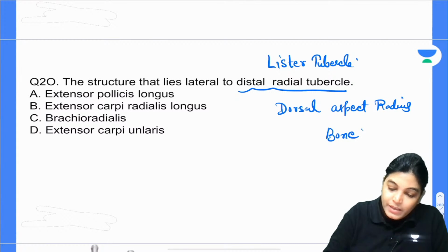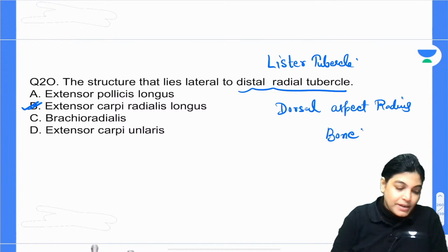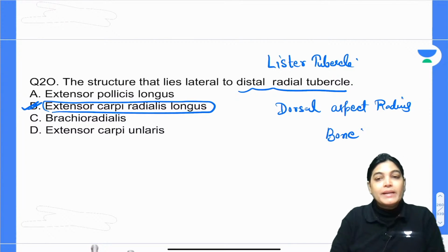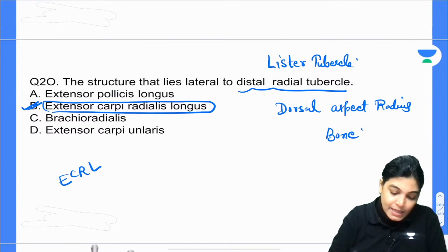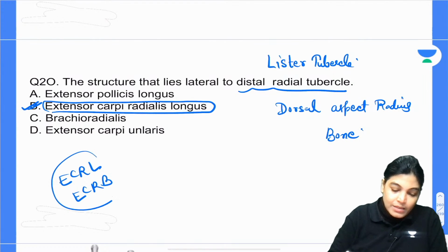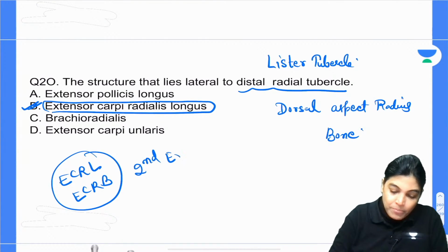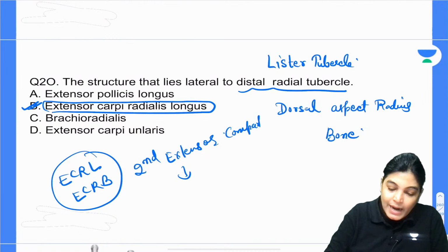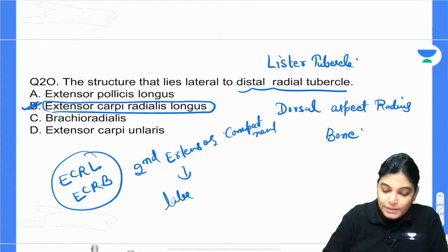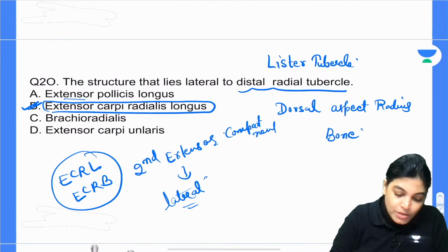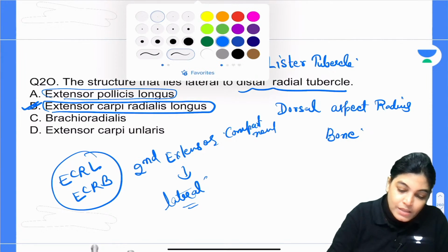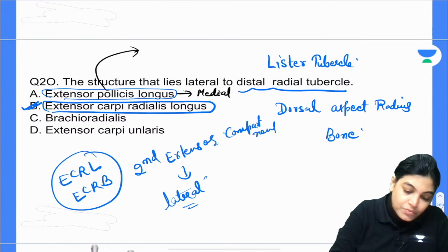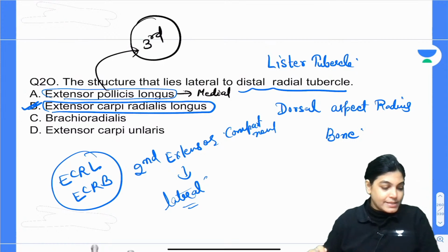Now, the correct answer is extensor carpi radialis longus. Both ECRL and ECRB are the muscles of the second extensor compartment, and they will pass lateral to the distal radial tubercle, but extensor pollicis longus will pass medially, as it is the muscle of the third extensor compartment.